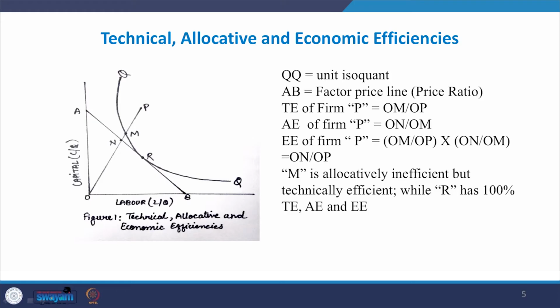Now, you can estimate the technical efficiency of point P, and that is equal to OM, the radial distance from the origin to M, divided by OP. Since OM is lesser than OP, at point P technical efficiency is lesser than 1. So, point P is inefficient, because to produce 1 unit of output Q, both labor and capital are higher than at point M.